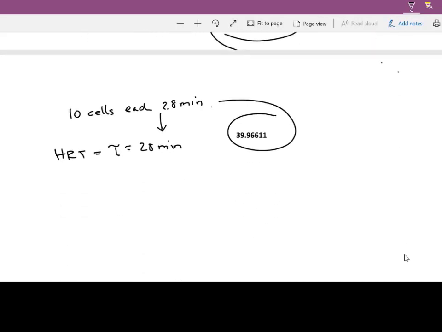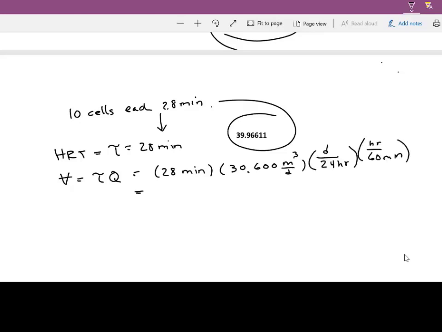That gives us a total hydraulic detention time of 28 minutes. So the volume of the reactor is just our detention time times Q. So it's 28 minutes times 30,600 cubic meters per day. And that is equal to 595 cubic meters.